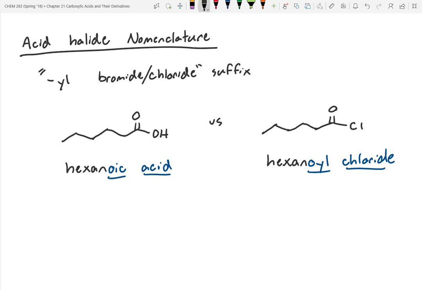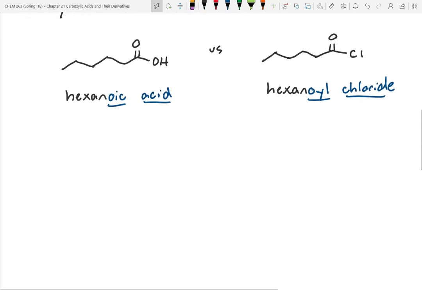Let's try another one. Yeah, carboxylic acids take precedence over aldehydes and ketones. All right, what's this acid called? Acetic acid.